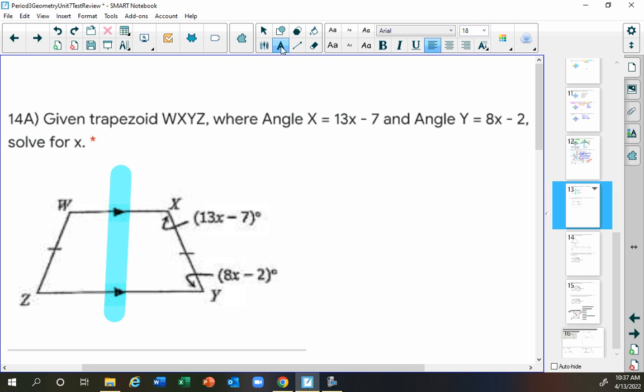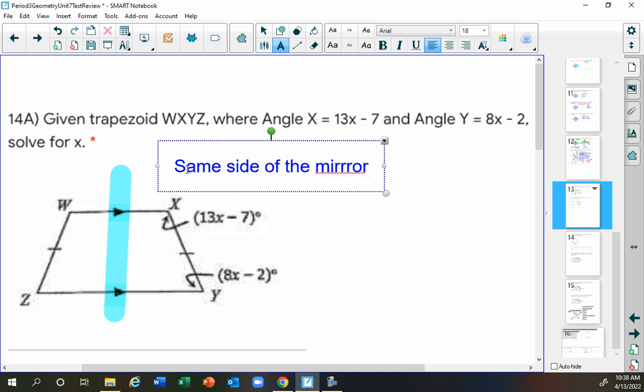So, are these two going to be congruent, or do they add up to 180? The same side of the mirror. Careful. Why? Because they're both on the same side.